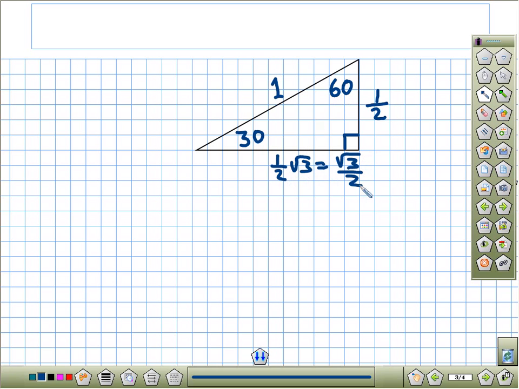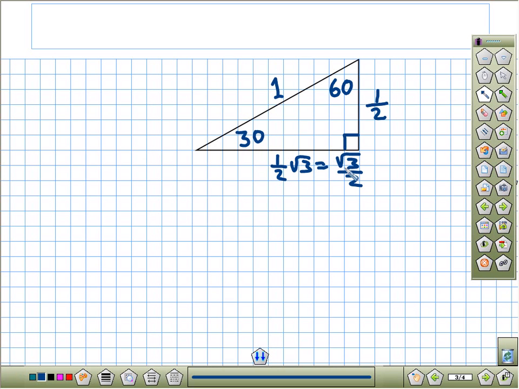Does everybody see that? Any questions? Now that's just going back and reviewing something you probably hadn't looked at since geometry. So remember, the side opposite the 30-degree angle is 1/2 the hypotenuse. The side opposite the 60-degree angle is half the hypotenuse, only times the square root of 3. Okay, any questions?